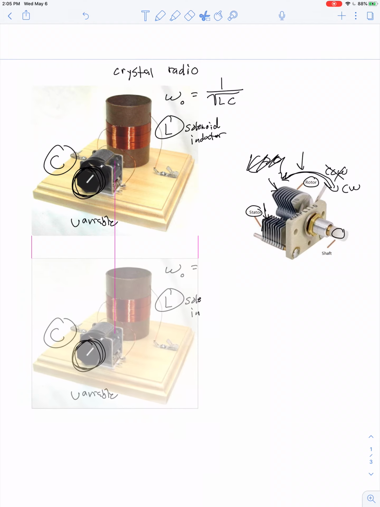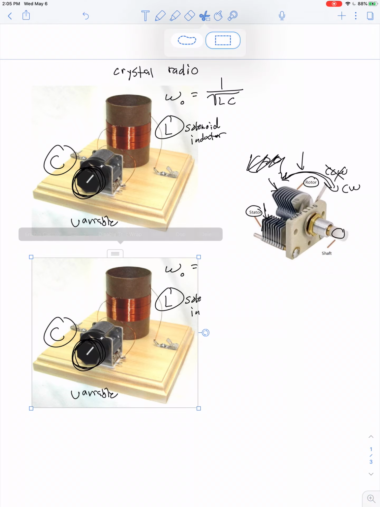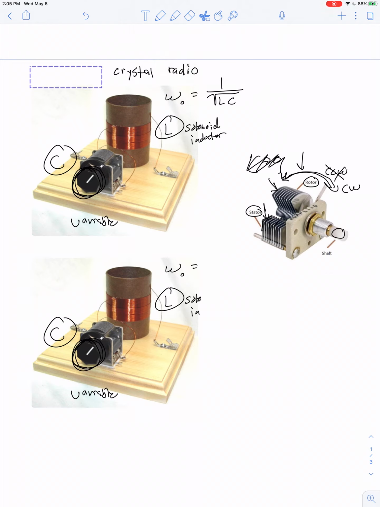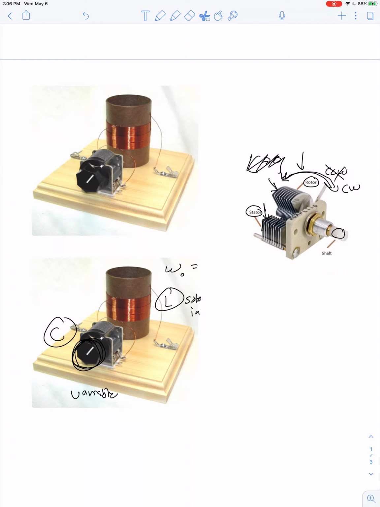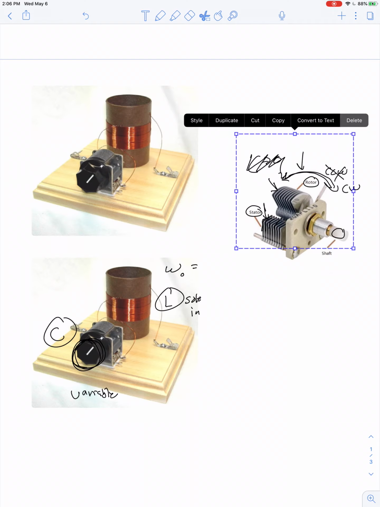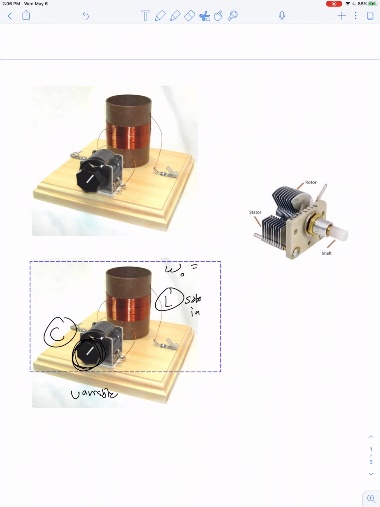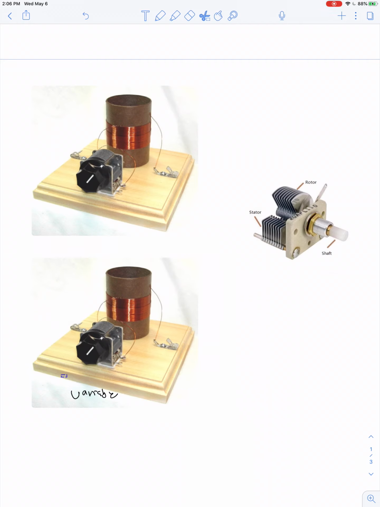You take two of these, and just like the two tuning forks that can resonate with one another, these two electric circuits can resonate with one another. So we'll say this one is circuit number 1, and the other one is circuit number 2. So one of them makes a broadcast, and the other one makes a receiver.